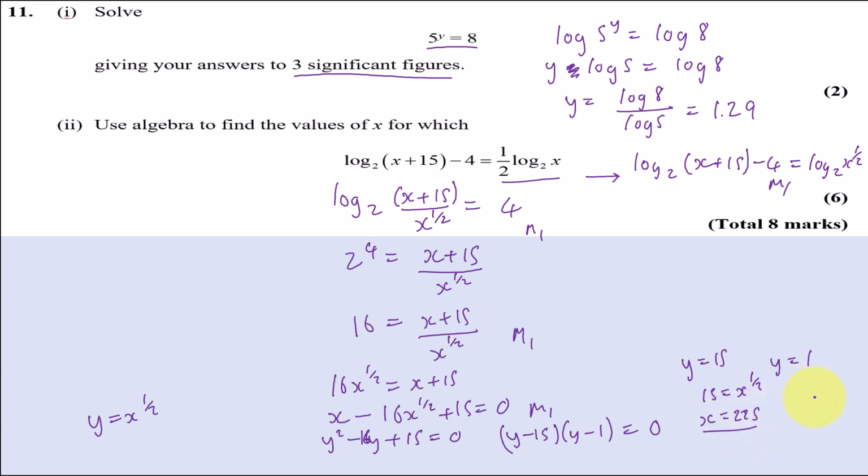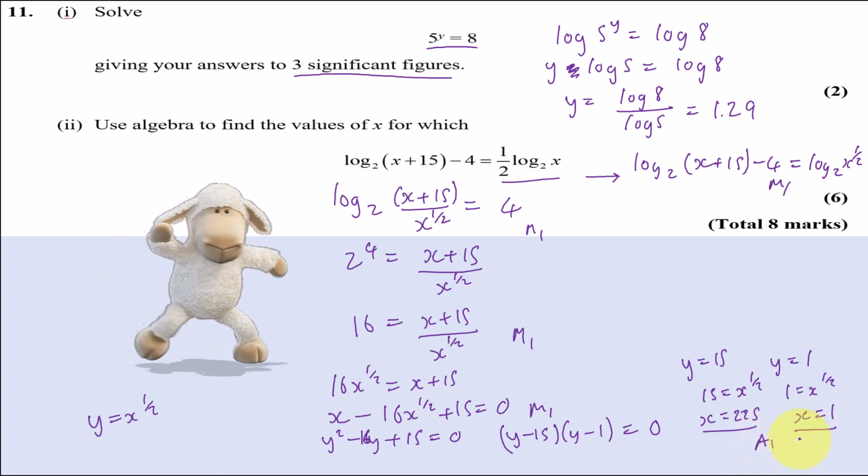Okay, that's one solution. And if 1 equals x to the half, which is the square root of x, we square both sides, x equals 1. That's the solution. That's accuracy and method as well.